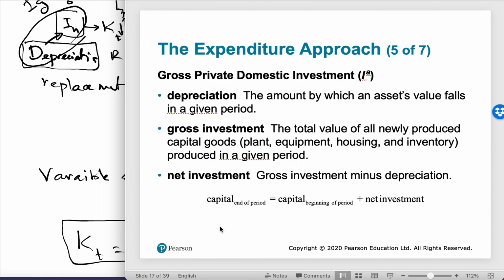Depreciation is the money which is being used for the existing machines, whereas the net investment is buying brand new machines, brand new equipment, etc. So the net investment is after the depreciation is taken out, it becomes the net.